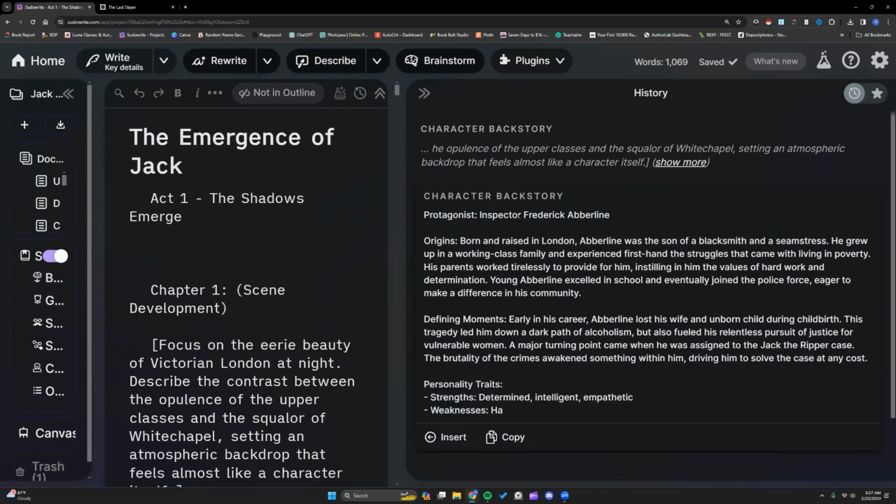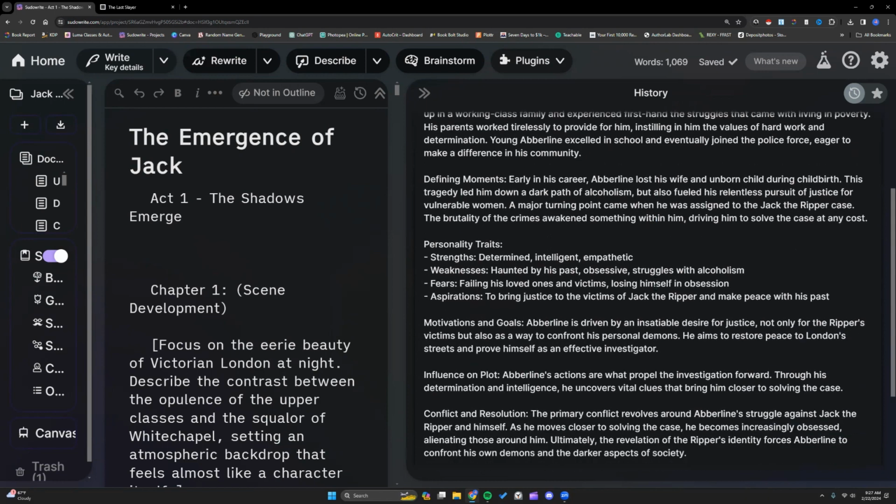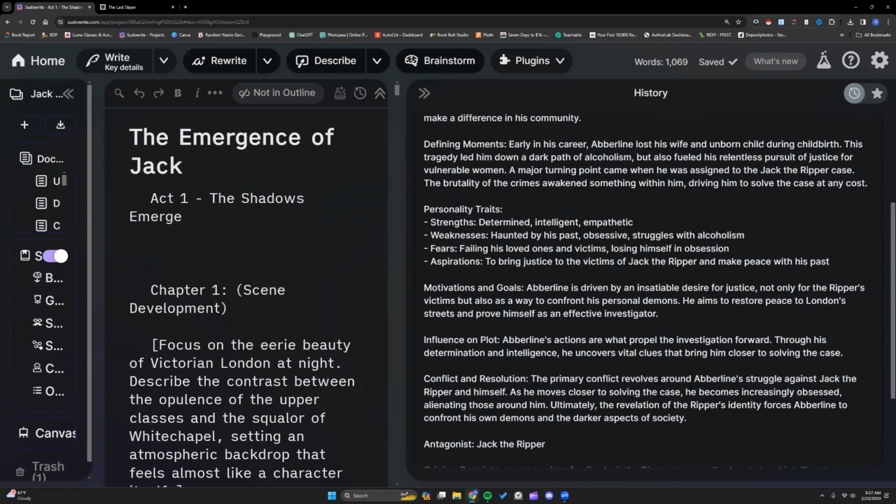We have our inspector. Grew up in a working class family, experienced firsthand the struggles that came with living in poverty. Excelled in school, joined the police force. Lost his wife and unborn child.